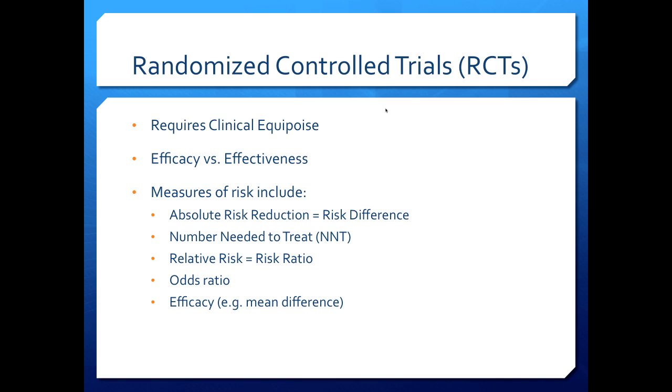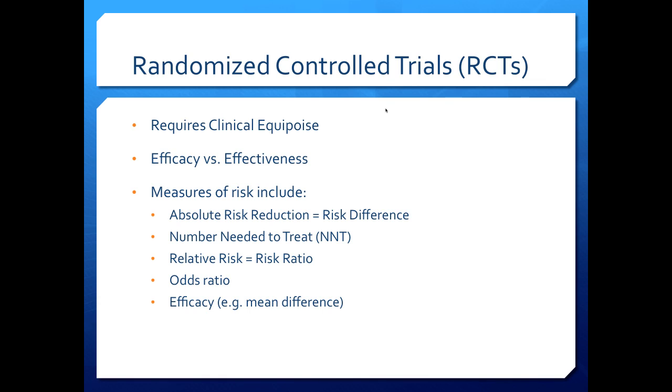For example, abstinence is the most efficacious form of birth control. If you are abstinent, you will not get pregnant. Unfortunately, abstinence is not the most effective form of contraception, since any lapse in abstinence could result in a pregnancy. As a result, oral contraceptives may be a more effective, though less efficacious, form of birth control.